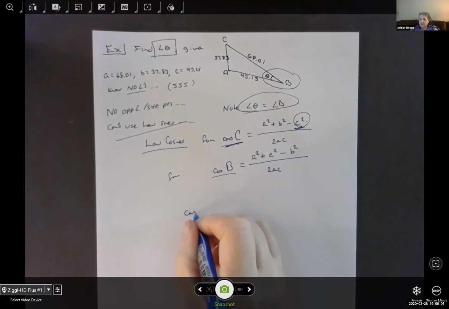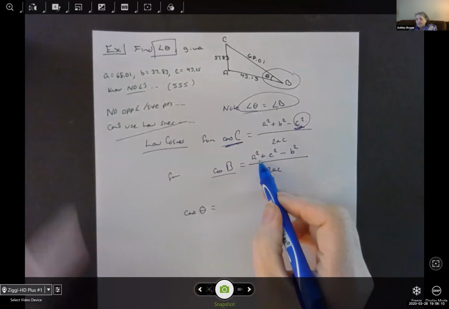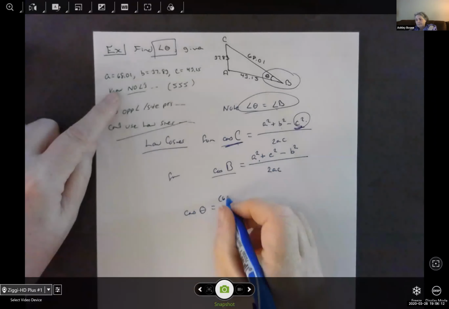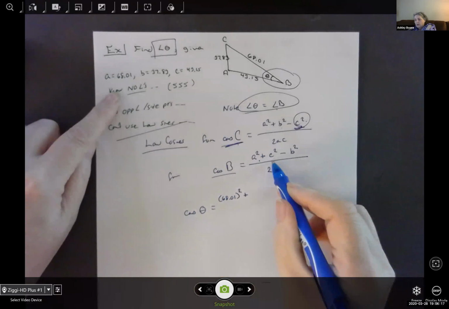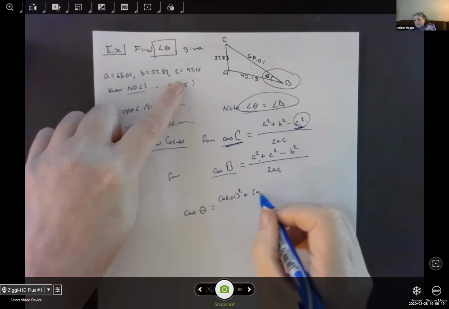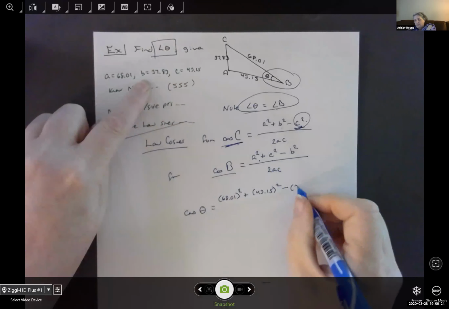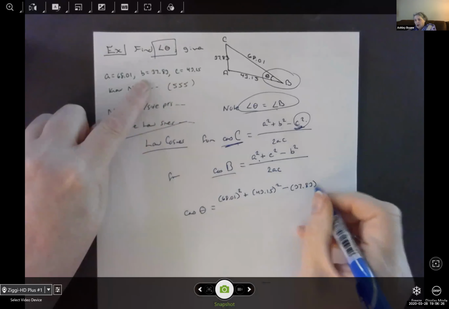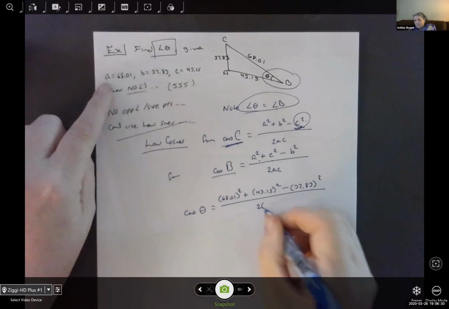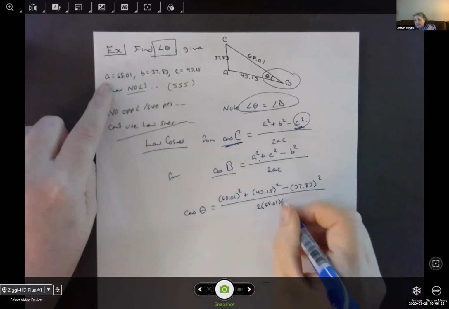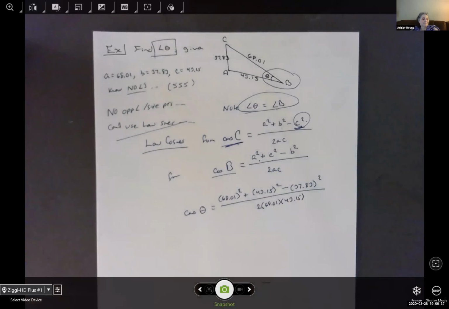So cosine of theta is equal to a squared, my a is 68.01, plus c squared, that's 43.15 squared, minus b squared, 37.83 squared, over 2 times a times c. So there's my substitution in the formula.